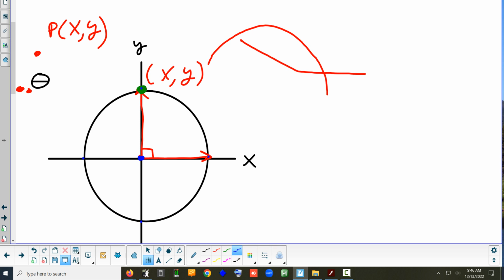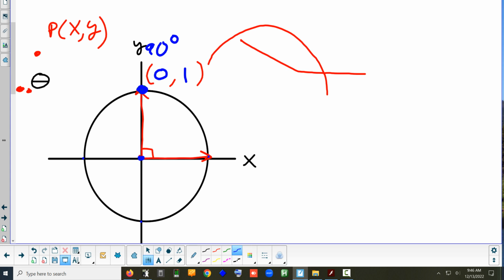So to get to 0, 90, 180, and 270, you're just going one unit, either right, up, left, or down. So if this was 90, does anybody think they know what this coordinate would be on the circle? Yep. 0, 1. That's the coordinate 0, 1. And that is always the coordinate for 90 degrees, and it never changes.